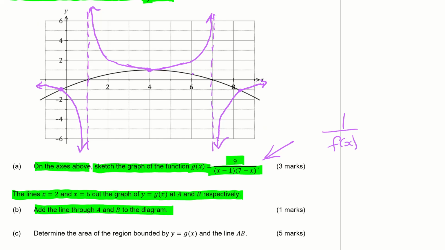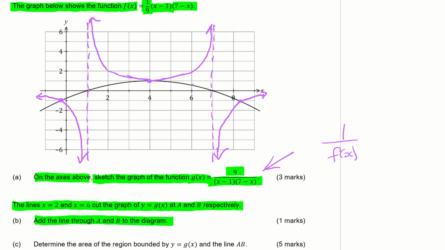So let's think about g(2). That is going to be 9 over (2 − 1)(7 − 2), which is 9 over 1 times 5, so 9/5.